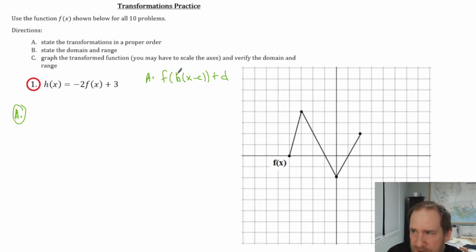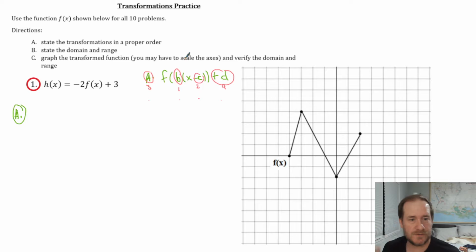So working from the inside out means describing the effects of B first, then C, then I would go to A, and then D. That's just the way I do it. Now, if you went A, B, C, D, 1, 2, 3, 4, that's not going to be wrong. You can go ahead and do that if you want to. It's just not how I like to do it.